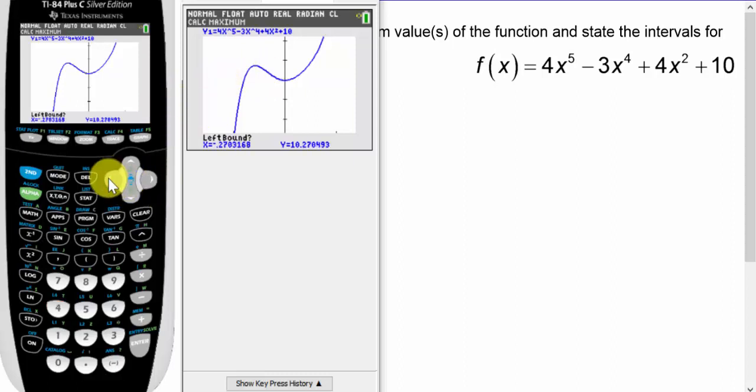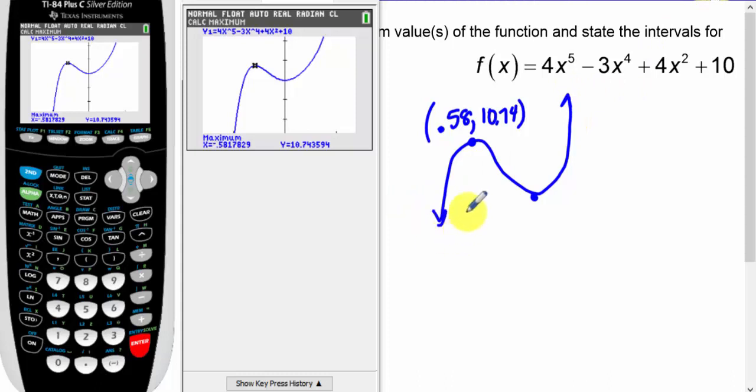So I'm going to cursor over, like so. Hit enter. Then cursor to the right of that high point. Hit enter. And for some reason it says guess. I never know why, but it does. And I hit enter a third time. What it's going to do is it's going to spit out that x and y value.